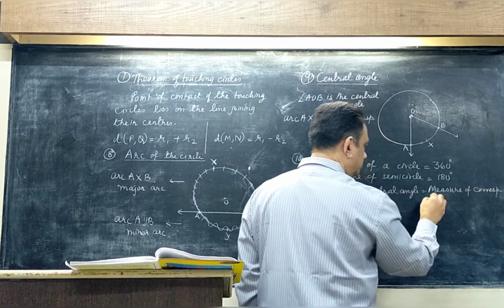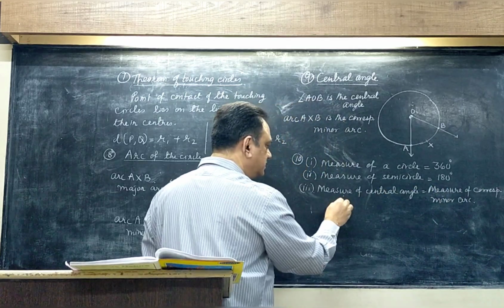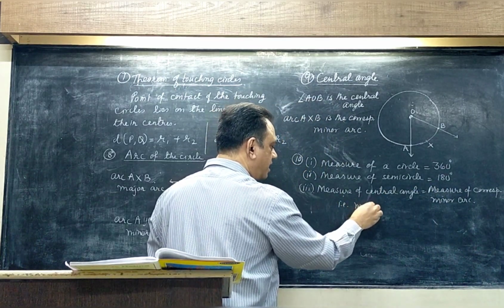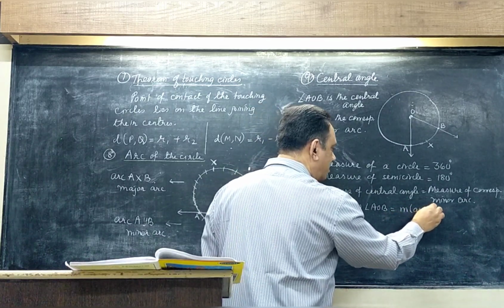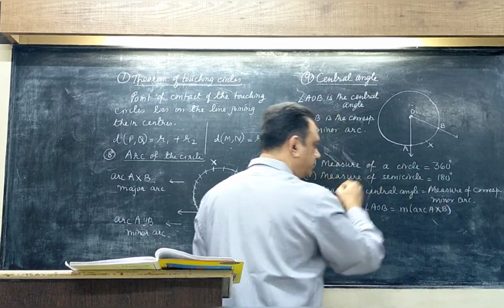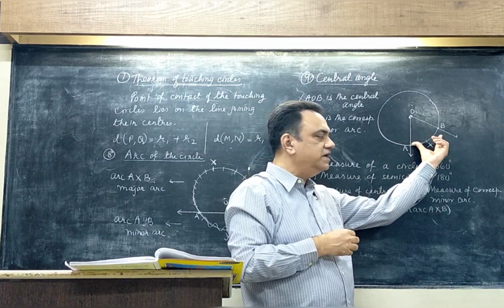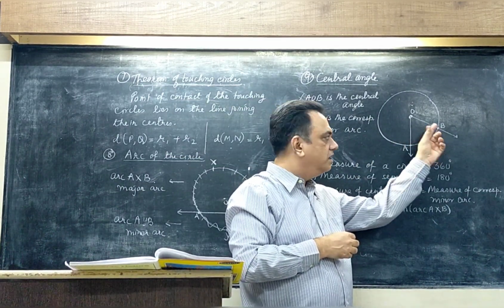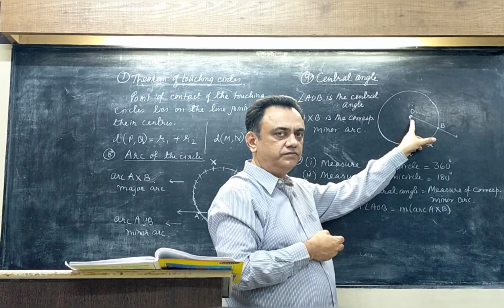That is, measure of angle AOB equals measure of arc AXB. So if I say measure of arc AXB is 60 degrees, measure of angle AOB will also be 60 degrees.